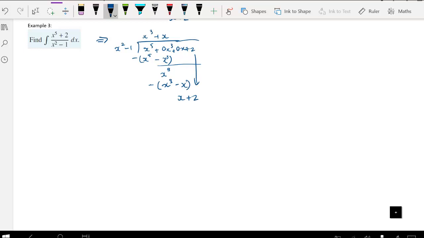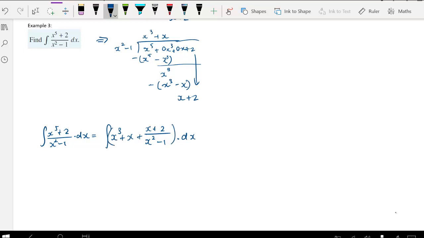And so that means that the integral of (x to the power of 5 plus 2) on (x squared take 1) dx is equal to the integral of the quotient, which is x cubed plus x, and the remainder, which is x plus 2, over this x squared take 1 with respect to x.